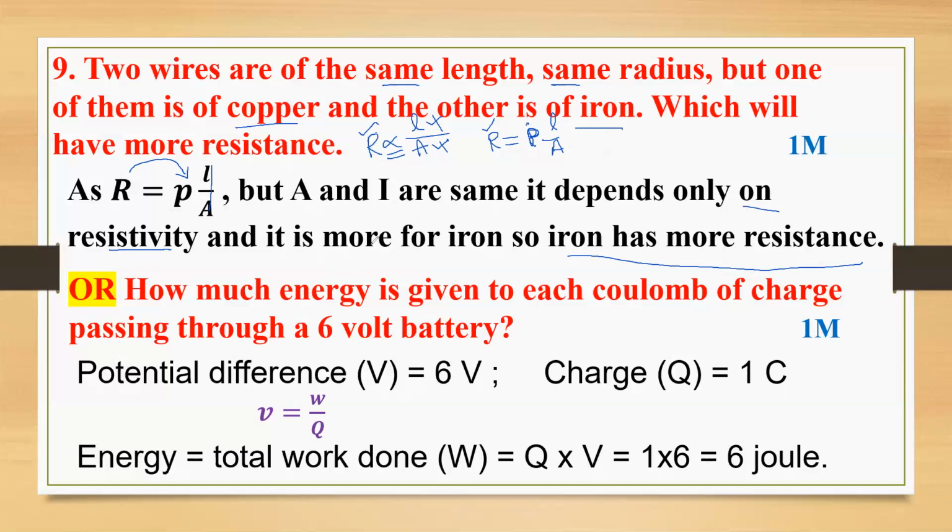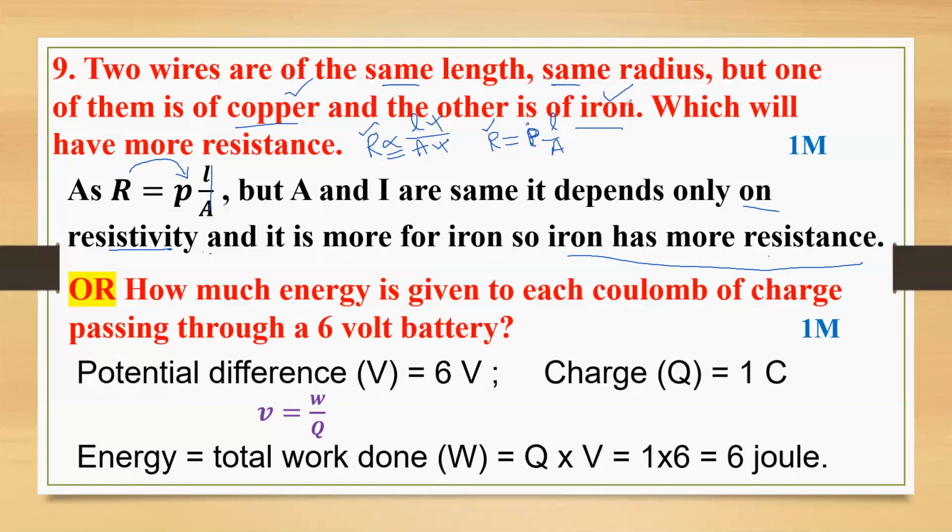Understood? Iron has more resistivity. Due to that, iron is going to show more resistance, meaning the property to resist the flow of current. Here, copper and iron, which is going to resist the flow of current more?